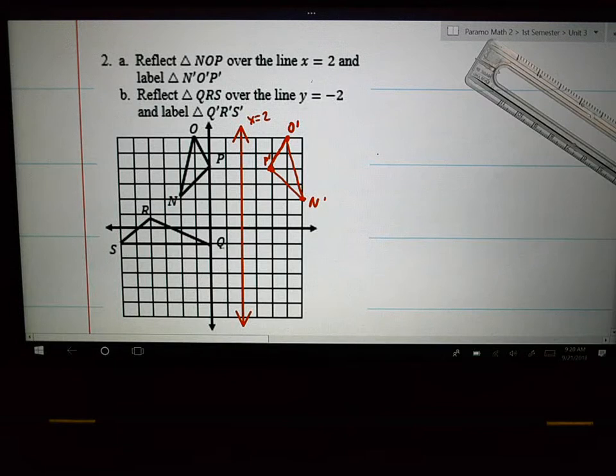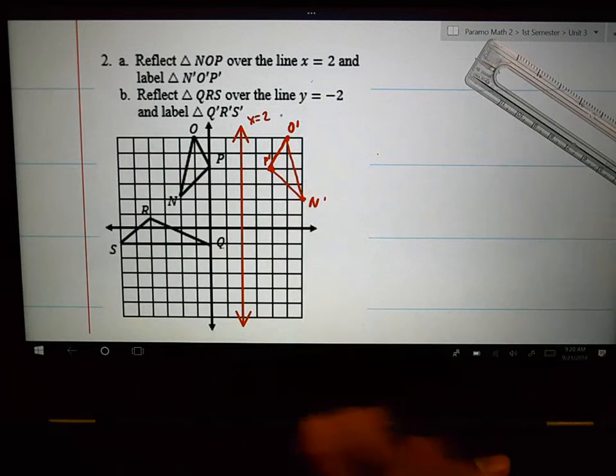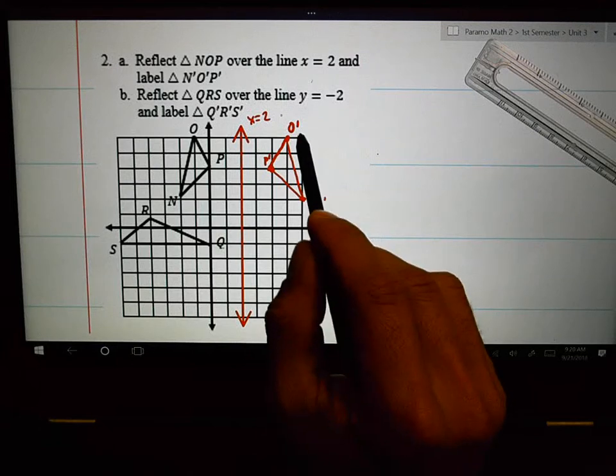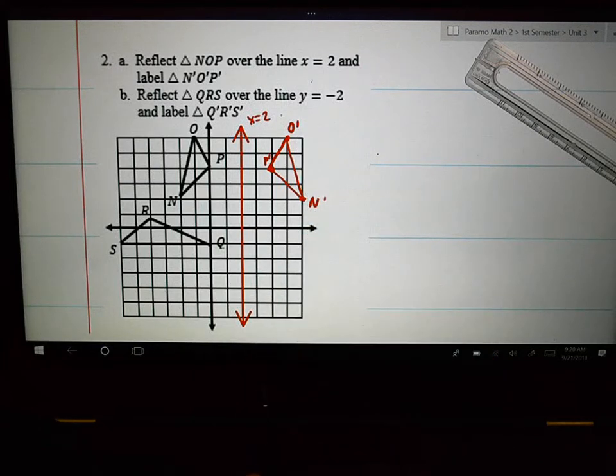And that's the reflection. It should look like a mirror image. And I know this is an image because it has the primes. We have done 2, part A.